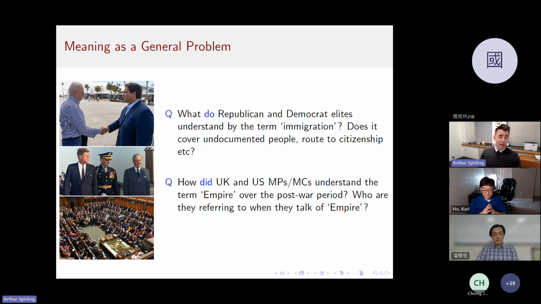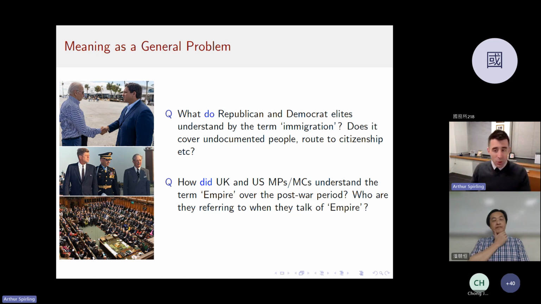We might be very interested in how they understand the term empire over time, and how that changes perhaps in the post-war period. We know, for example, that by the 1950s, the UK has basically given up on being a superpower, and it sort of cedes this role to the United States. How did this change language in the two different countries?